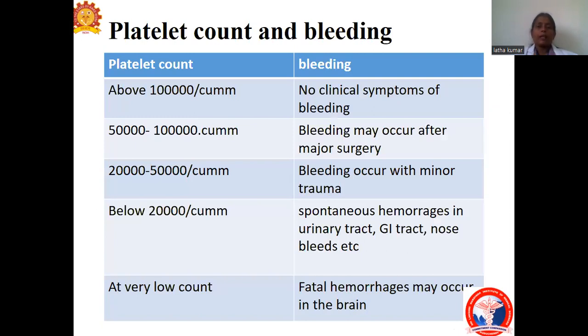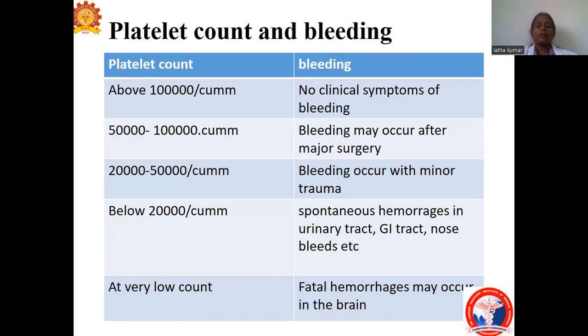Platelet count and bleeding. When the platelet count is above 1 lakh per cubic millimeter, there are no clinical symptoms of bleeding. When the count is between 50,000 and 1 lakh per cubic millimeter, bleeding may occur after major surgery.